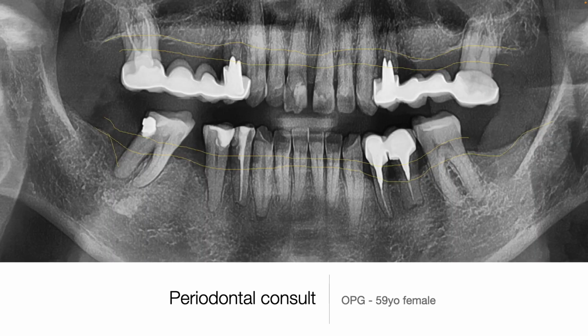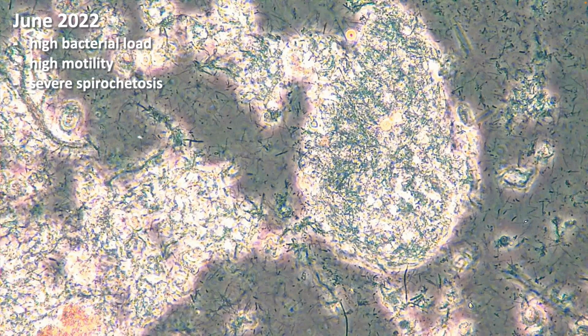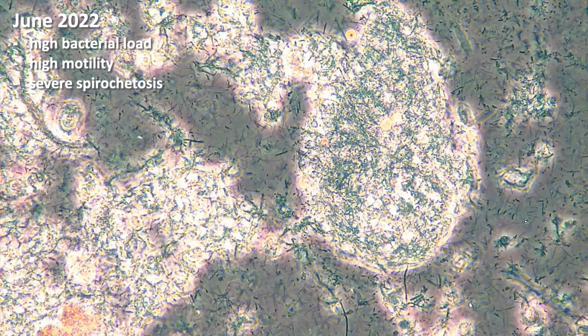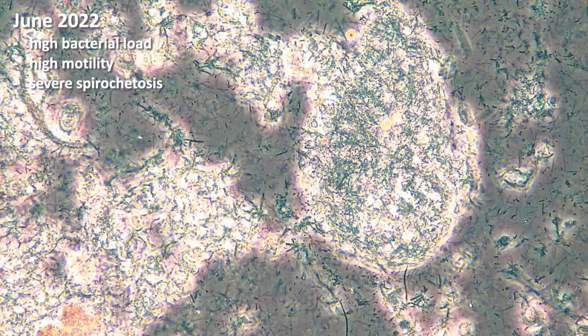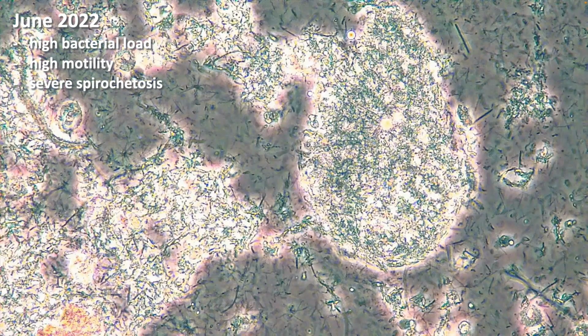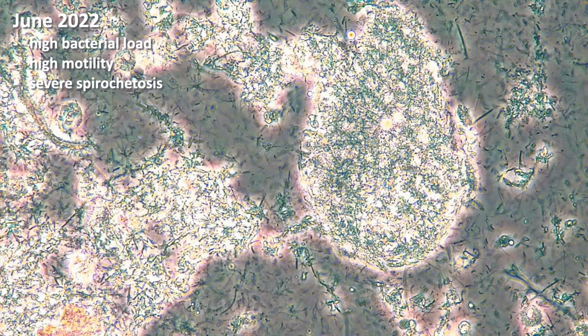This is a periodontal case, quite severe generalized bone loss and some very localized bone loss in this 59-year-old female. This is her biofilm, very, very active, very, very severe spirochetosis, very high motility.